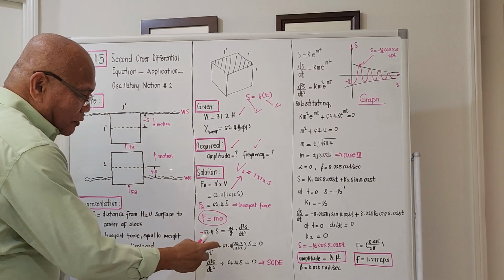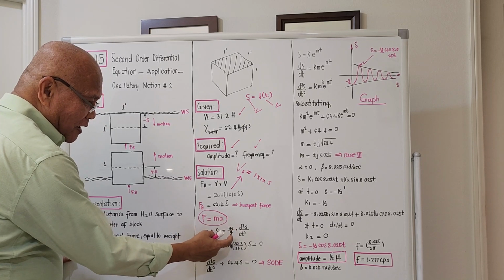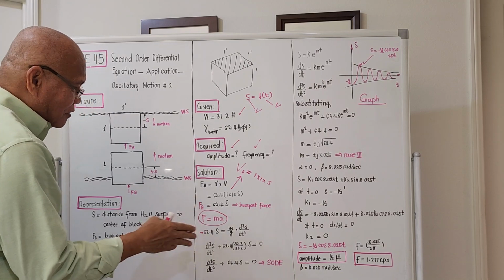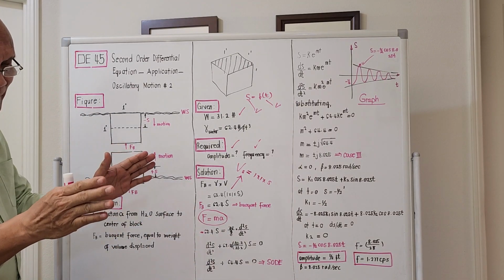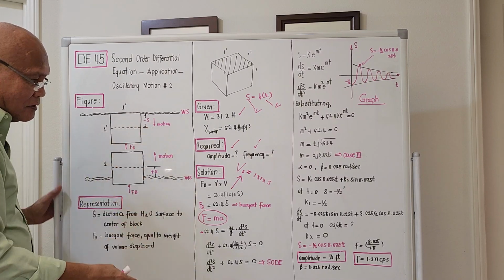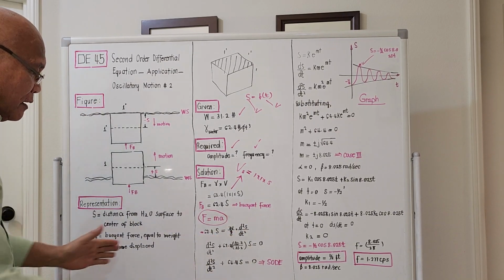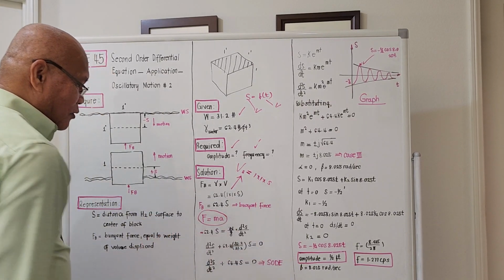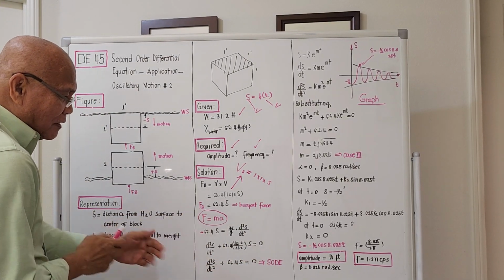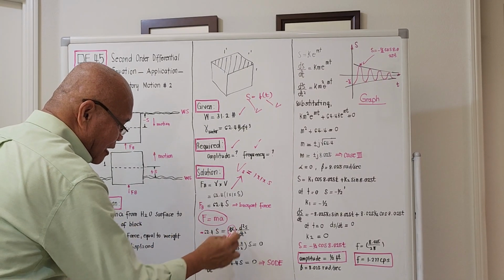And this should be equal to mass, which is weight over gravitational acceleration, times acceleration. Acceleration is the second derivative of the variable displacement s, so this should be d squared s over dt squared. If we manipulate this equation, we place this term on the left, then we remove this w over g as a coefficient.